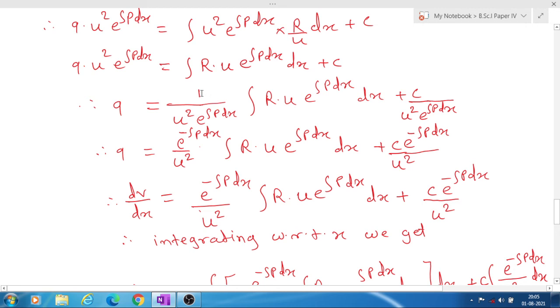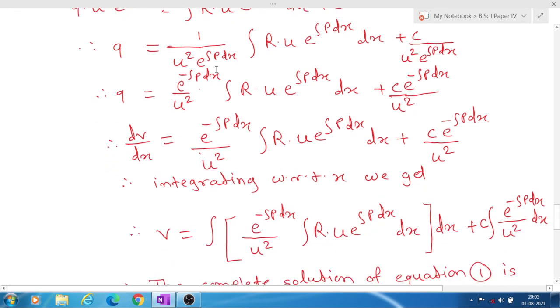So here write 1 upon u square into e raised to integral p dx, all as it is. The constant of integration c is also divided by u square into e raised to integral p dx.